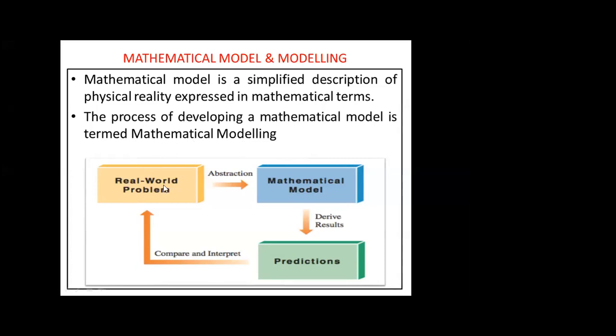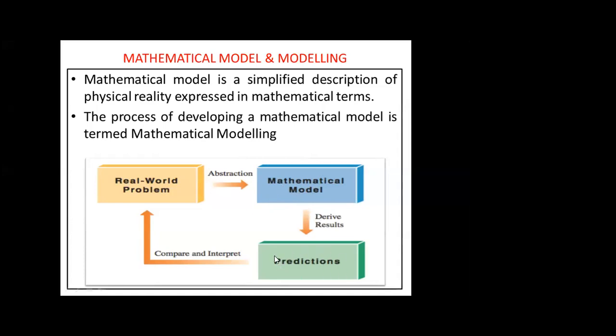Here, we are going to look into the mathematical modeling process in three parts. We have a real world problem. Then we convert it into a mathematical model, the second part of it. This mathematical model, we solve it and we derive the results.